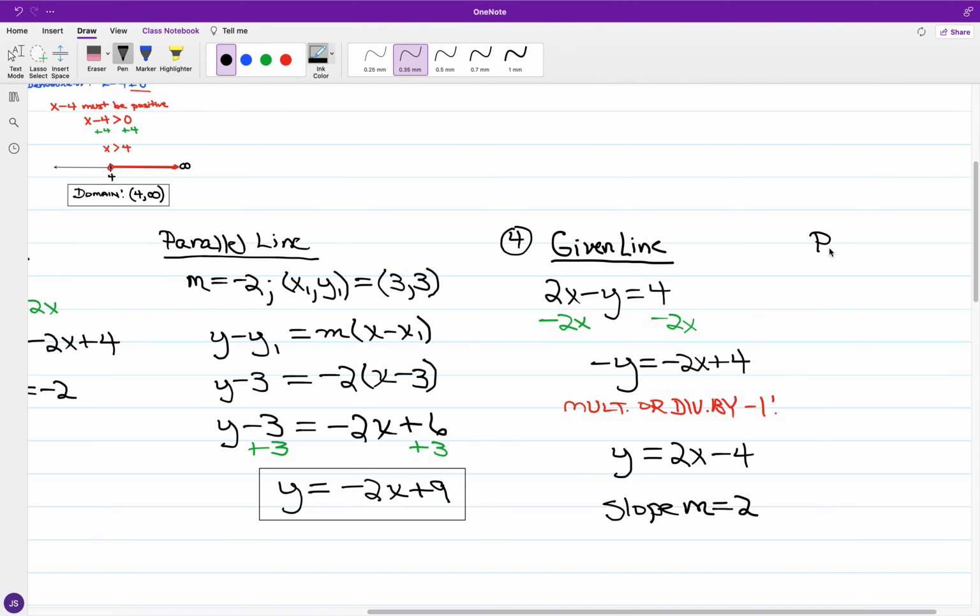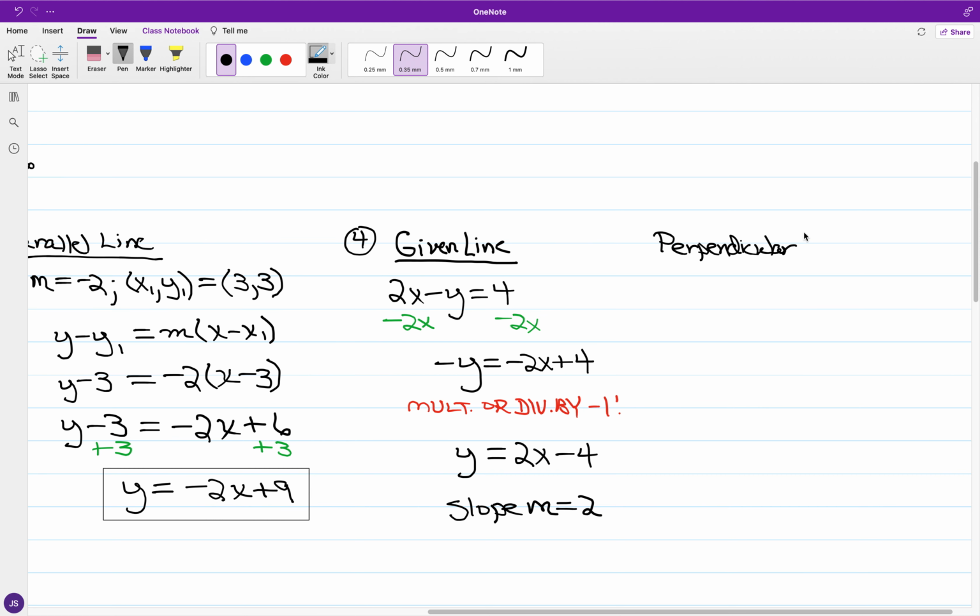Now looking for the line that's going to run perpendicular and pass through 2, 7. Again, for perpendicular lines, the slope values will have an opposite sign reciprocal relation. So for the given line, you have a positive 2.